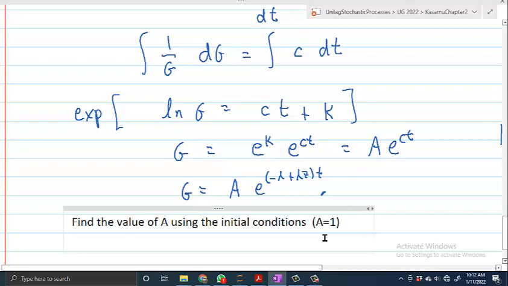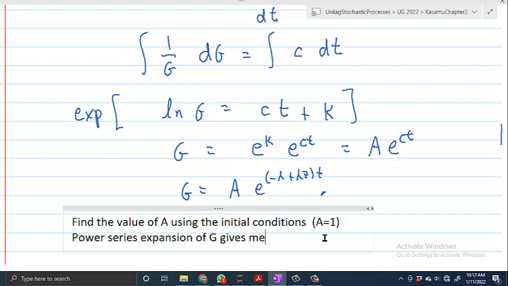Okay. Now I can take the power series expansion of g, which gives me the coefficients of the powers of z.